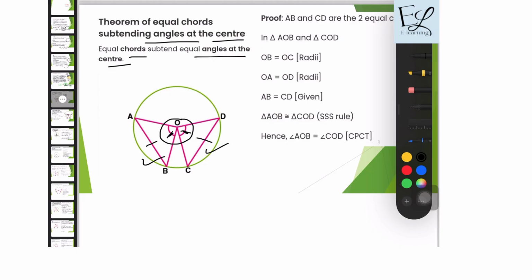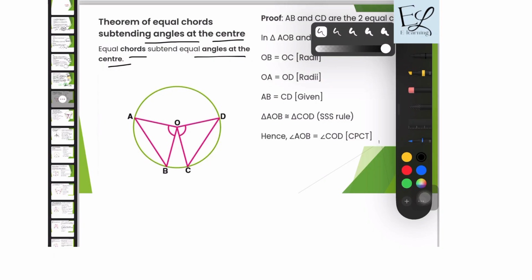Now we have to meet three conditions. We are taking these two triangles AOB and COD. Now look at this, AO and OD, these two are radius of circle, and the length of the radius of the same circle will always be the same, so AO will be equal to OD.